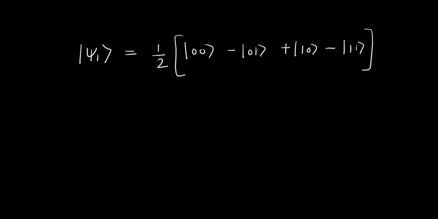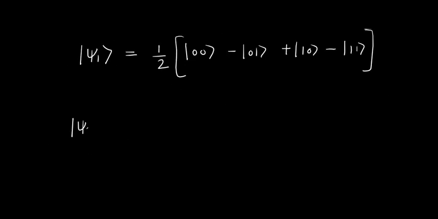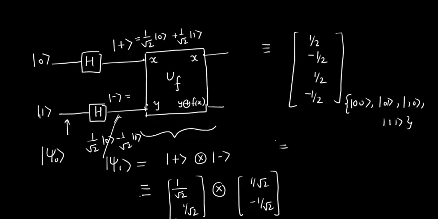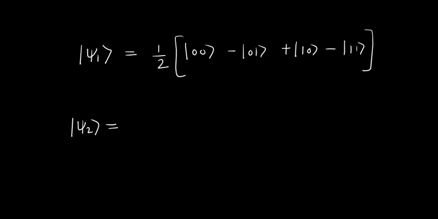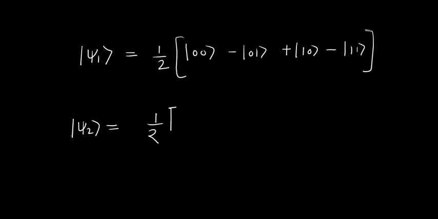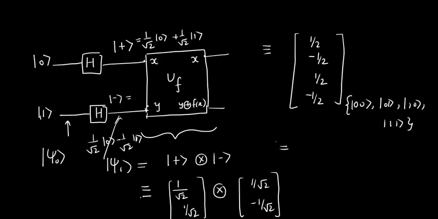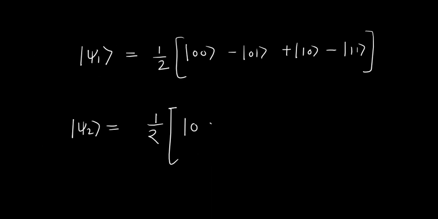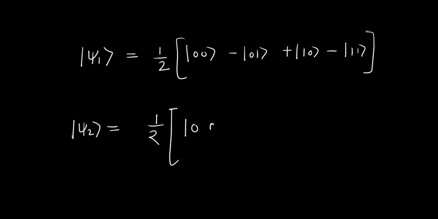So if you see, the phi 2 will be this. It will not change the first qubit, and the second qubit will be y XOR, or y modulo 2, f(x). It is a modulo 2 operator. So y modulo 2 f(0), right?